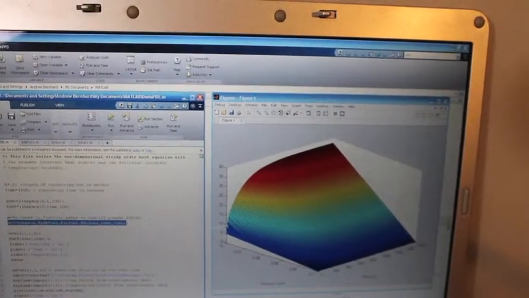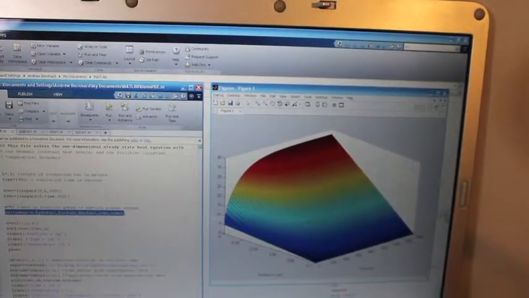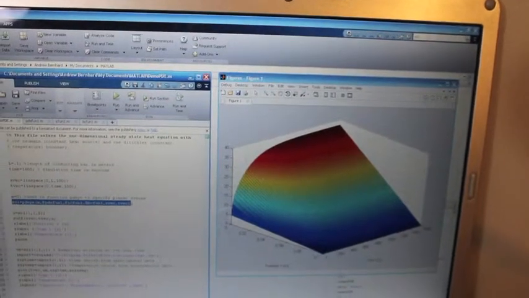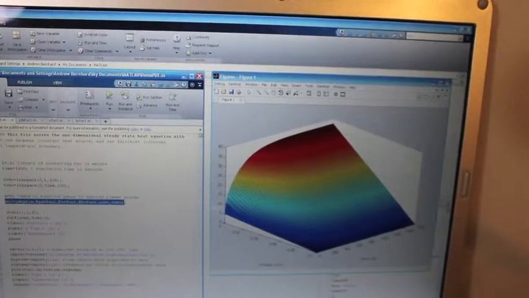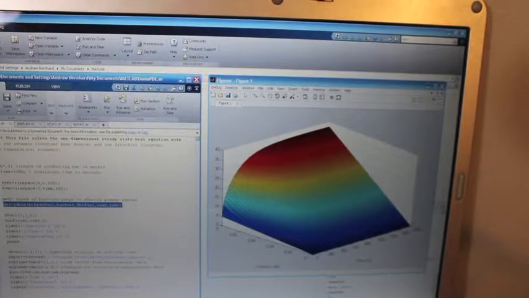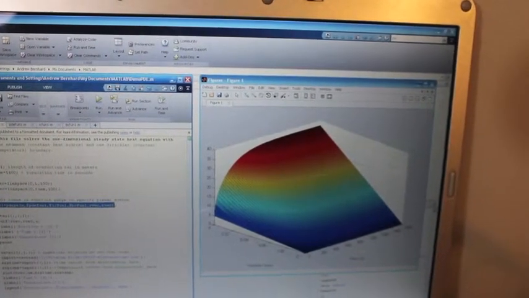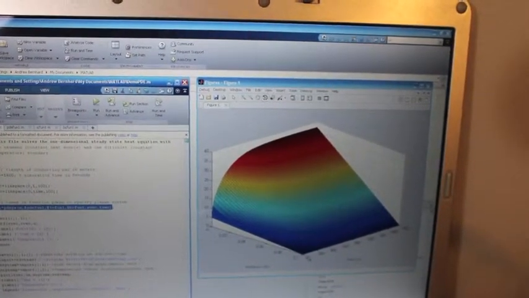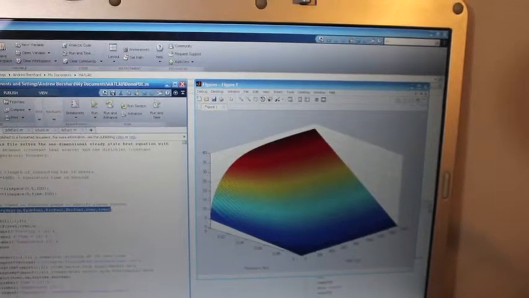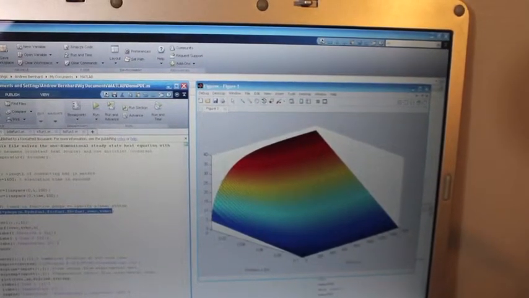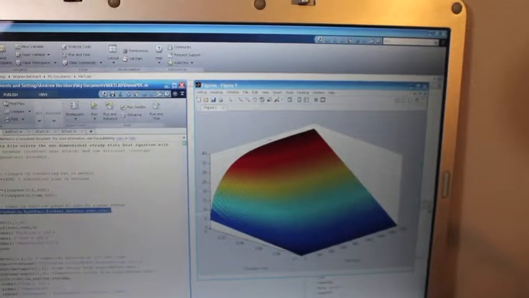And so this here is the 3D surface plot of the temperature over time. You can see the initial temperature distribution at this end, and then the temperature at the end where I had the thermocouple measured.